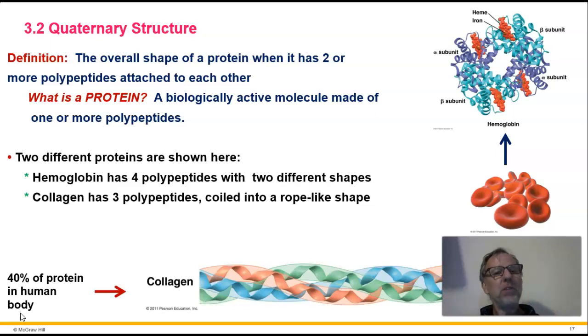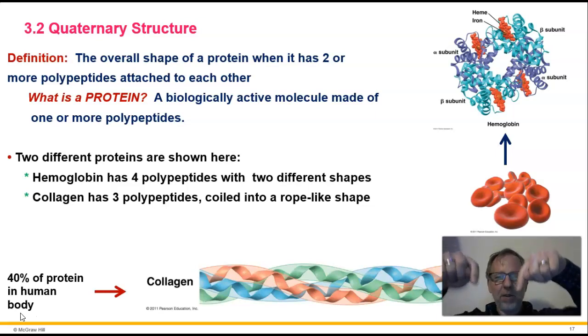So some proteins are only made of 1 polypeptide that twists and folds into a 3-dimensional shape. So that would mean that that protein stops at the tertiary level if it just has 1 polypeptide. But like hemoglobin, if a protein has 2 or 3 or 4 polypeptides, then it now has a quaternary level as well.